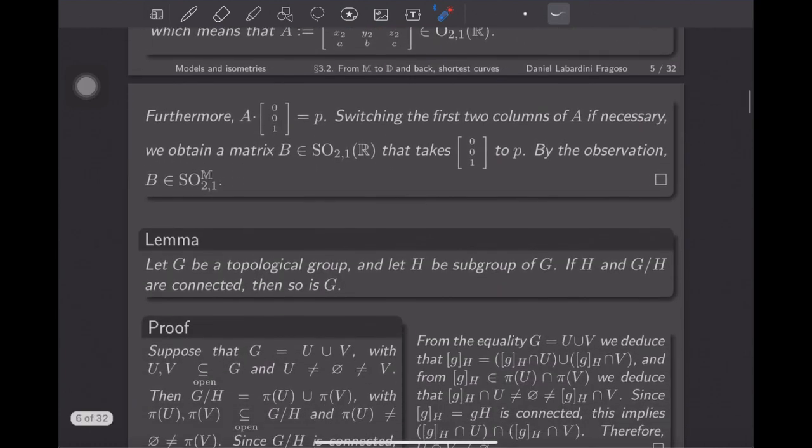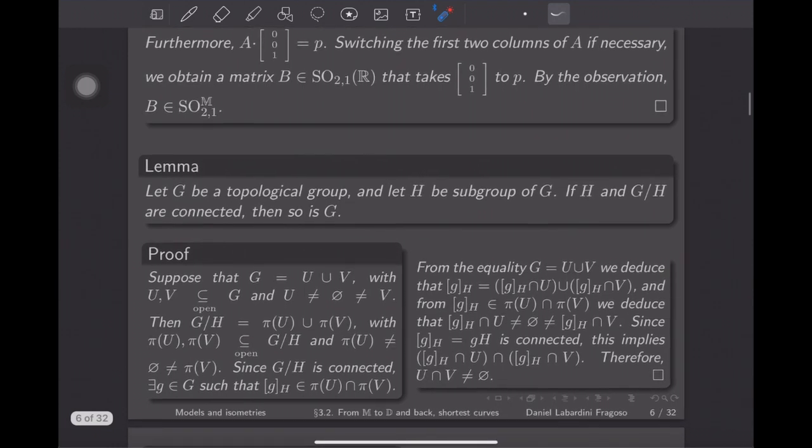Now, a lemma really from somehow basic topology. If I have a topological group, and I just very quickly remind that a topological group is a group that comes equipped also with a topology and has the property that the product of the group is continuous and the function taking inverses is also continuous.